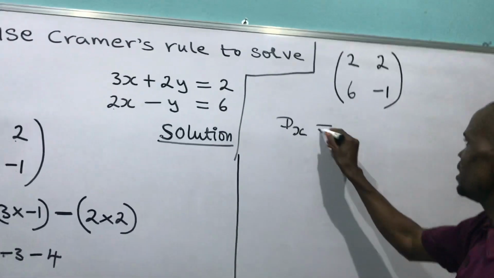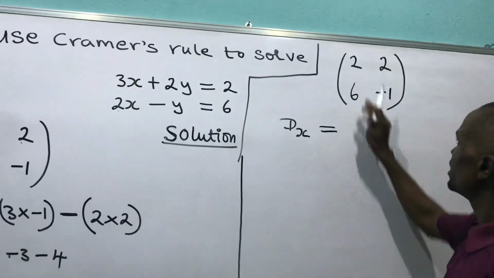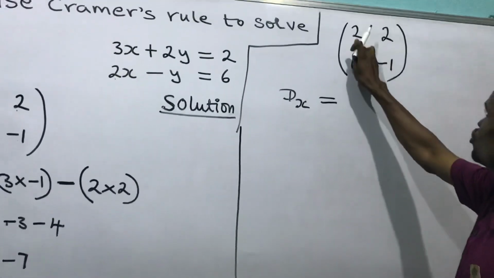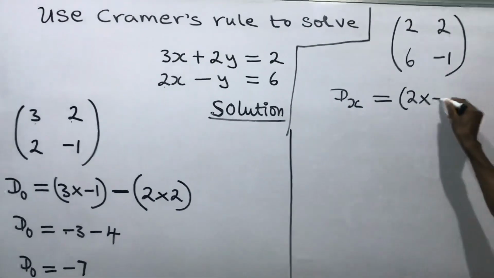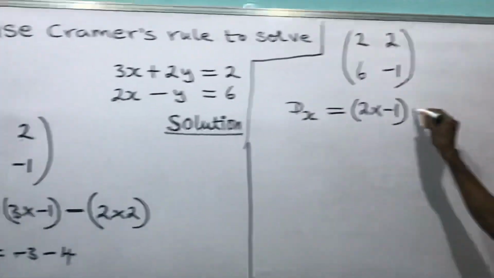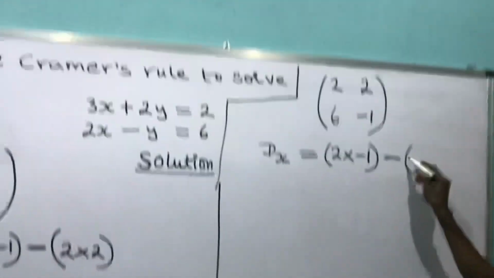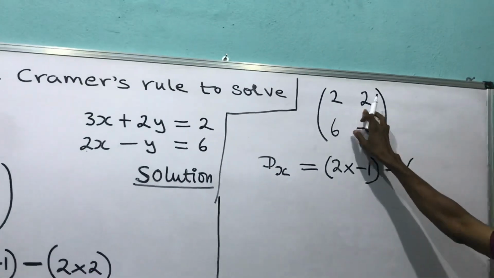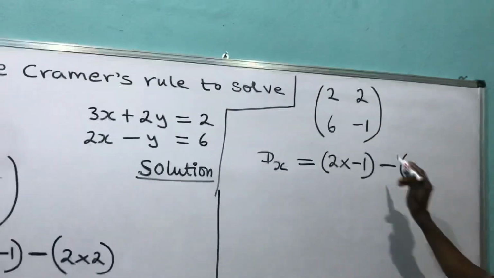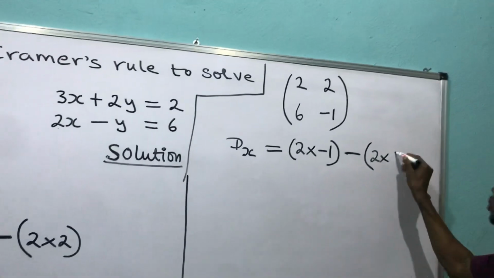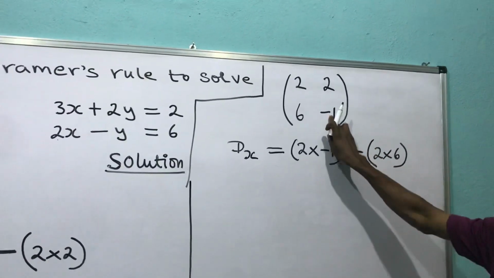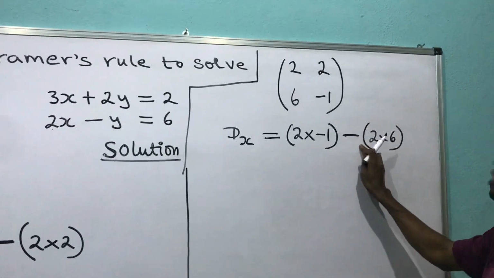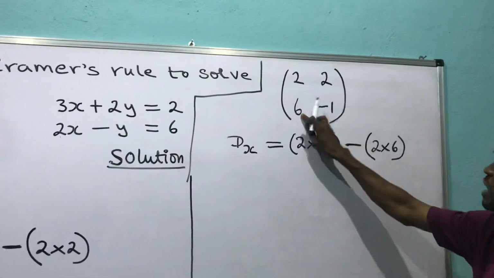I will do the same thing I did here. This times this. 2 times minus 1, in brackets, close. Minus, remember what I said, that this minus is constant, 2 times 6. I close. I said 2 times minus 1 minus 2 times 6.